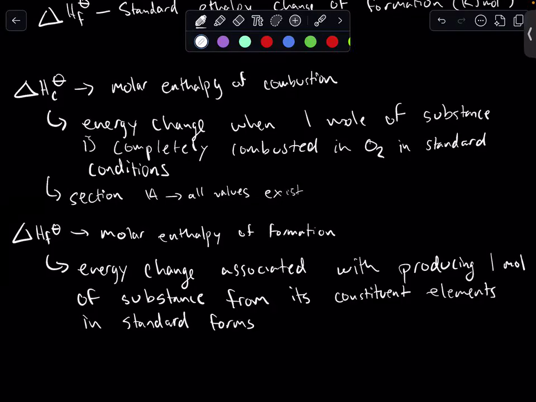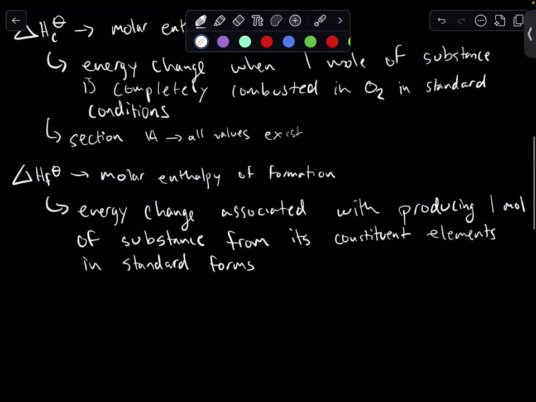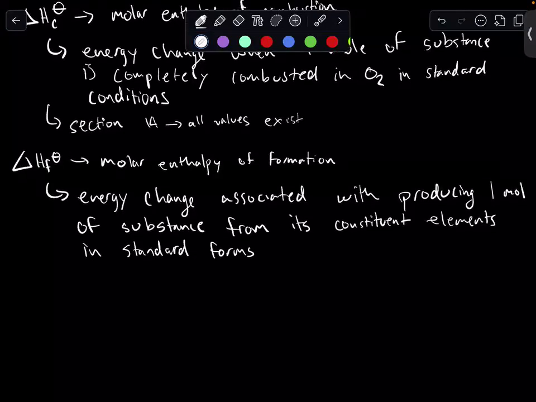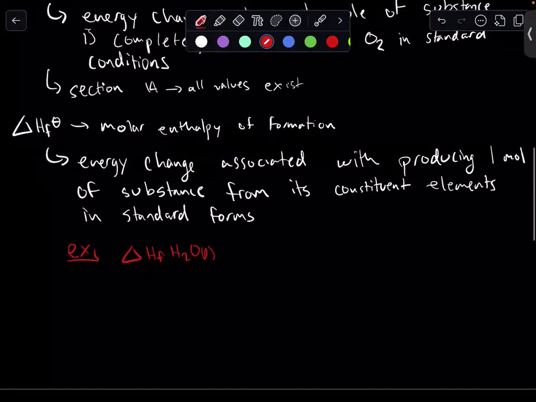So because of this, sometimes we end up with weird equations. An example might be delta HF of water, H2O in liquid form, which will be different from H2O in gaseous form, but the equation would be H2 gas plus 1/2 O2 gas reacts to form H2O.